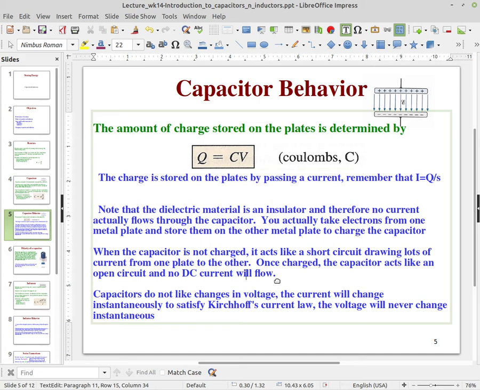Now, eventually some of the charge will leak off, but it'll take quite a long time if you have a very good dielectric. So if you charge up a capacitor and just disconnect it, that can actually be quite dangerous, because the charge is still on that capacitor if you never gave it a way to discharge.